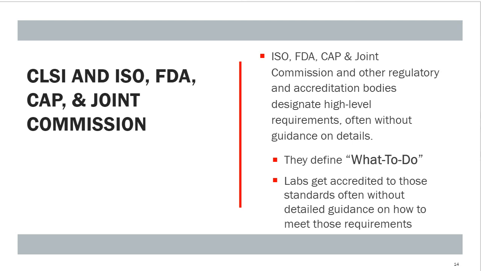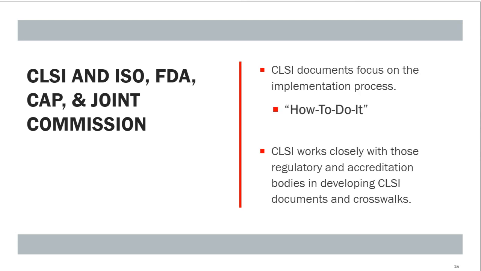So labs get accredited to these standards, often without detailed guidance on how to meet those requirements. CLSI documents are much more focused on the implementation process, how to do it. So CLSI worked closely with these other organizations and others in developing the CLSI documents and the crosswalks to make sure they accurately portray the how to do it part of what the other organizations are telling you what to do.